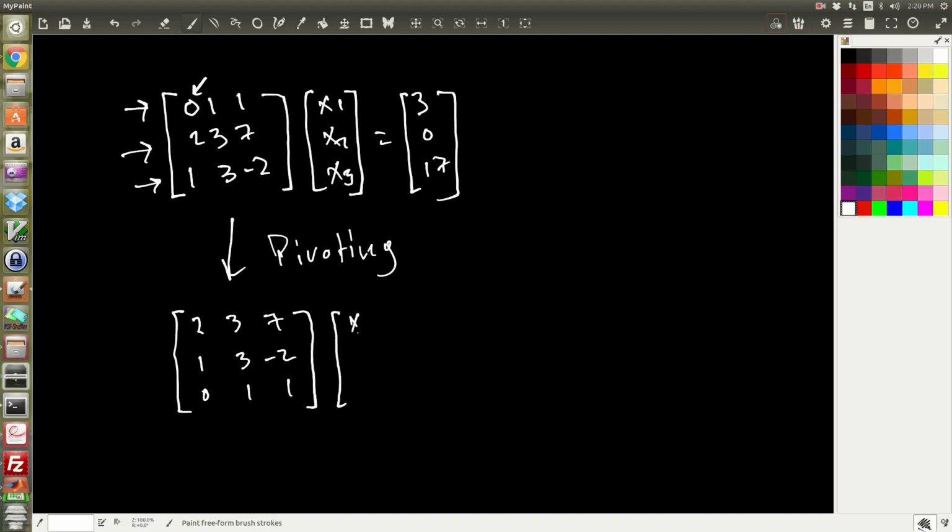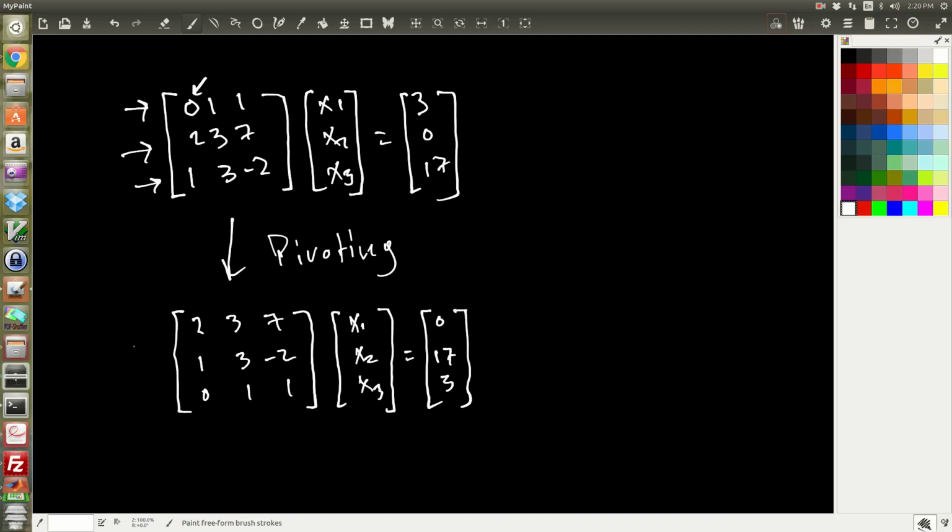And I still have x1, x2, x3. And that's now equal to, the B vector also has to change. This is now 0, 17, and 3.